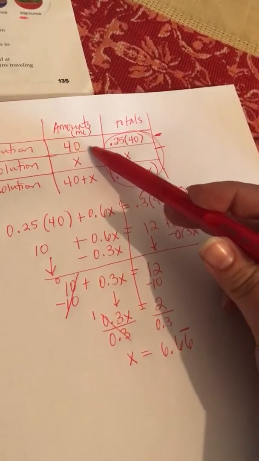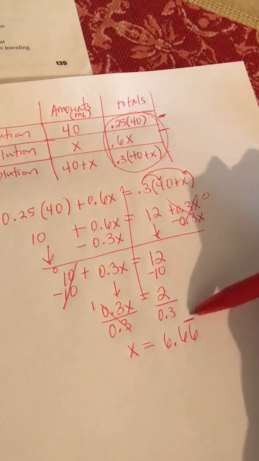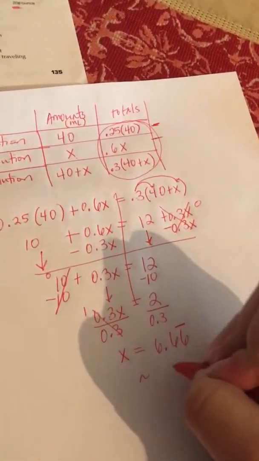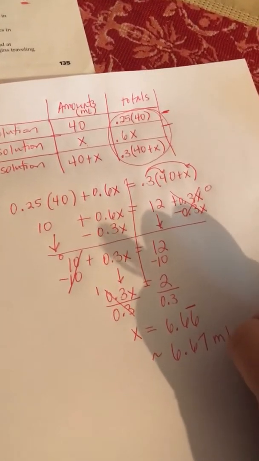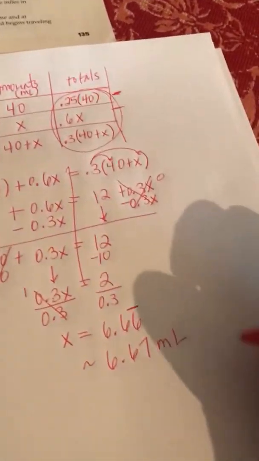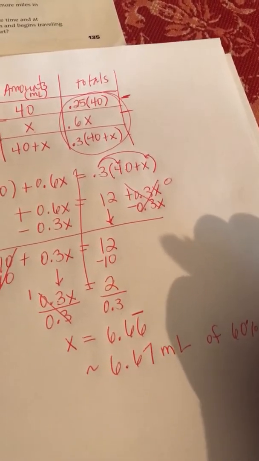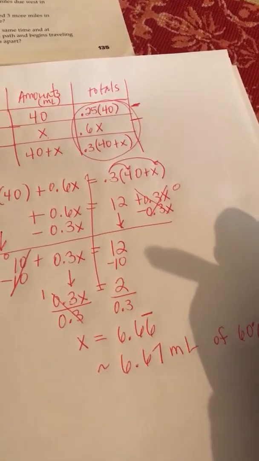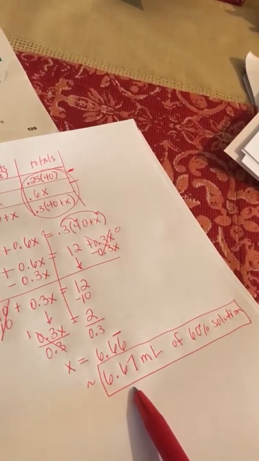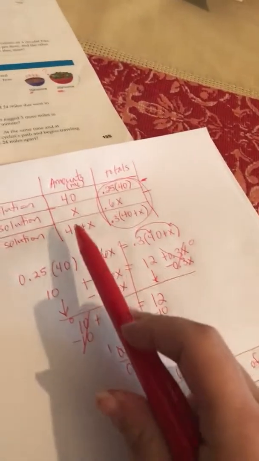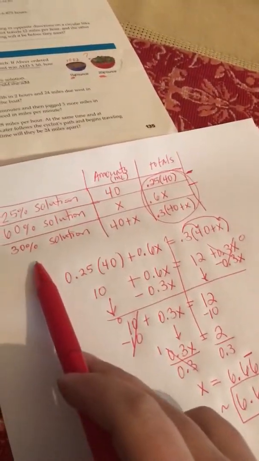So I'm going to take 40 milliliters of 25% solution and mix it with 6.66, or let's round it to about 6.67 milliliters of the 60% solution. And if I mix these 6.67 milliliters of 60% solution with the 40 milliliters of 25% solution, I'm going to get my 30% solution.